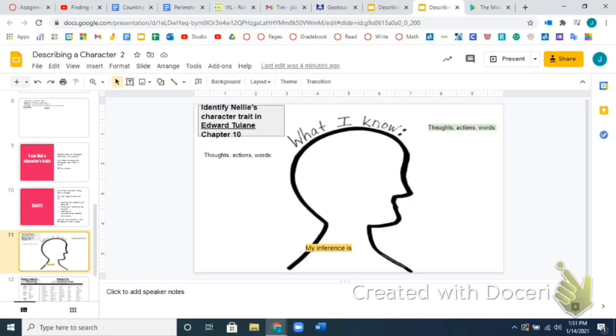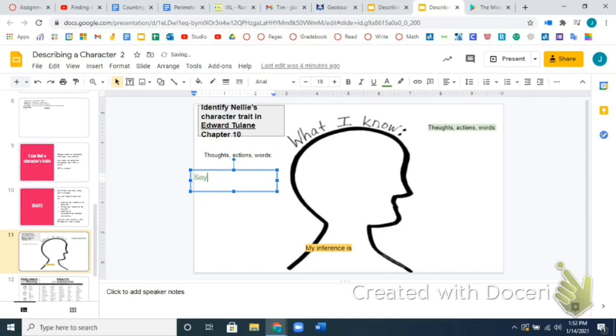Okay, so how is Nellie? What is she saying? She says, father found Edward. So she's kind of like blaming the fact that she has this toy rabbit on her husband, right?